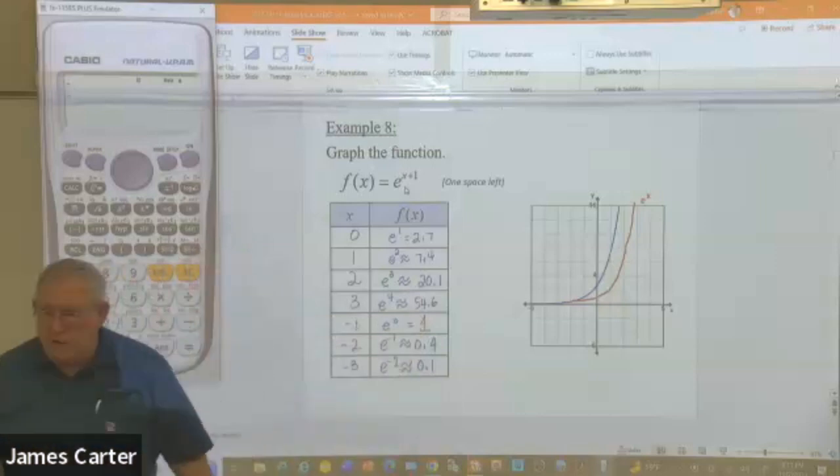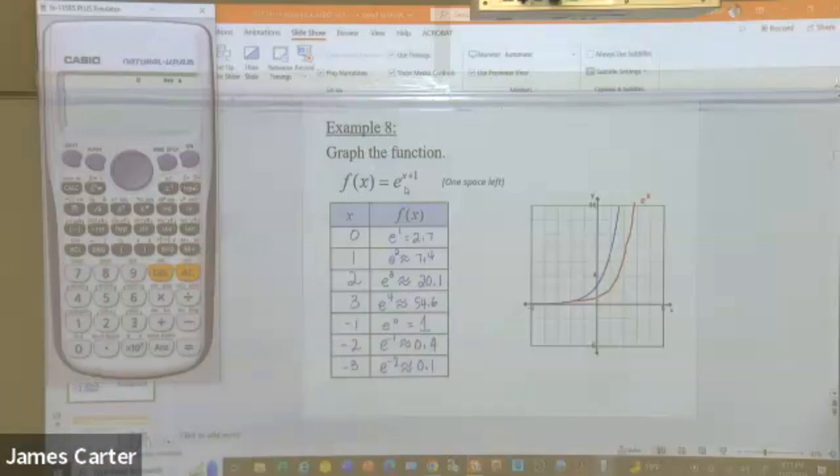Now, could you do that in your calculator? You betcha. Okay, let's pick that -2. Alpha E, power, -2 plus 1.